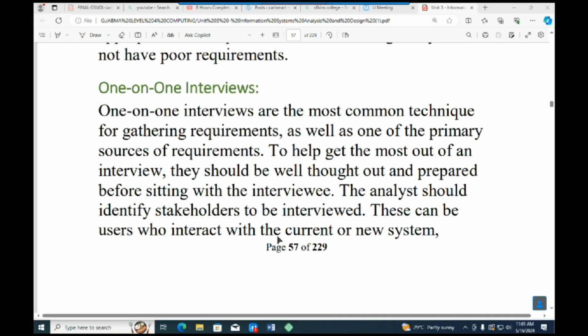The one-on-one interview is a technique commonly used for requirement gathering. It is one of the primary sources of requirements, so to say. It helps you get the most out of an interview.